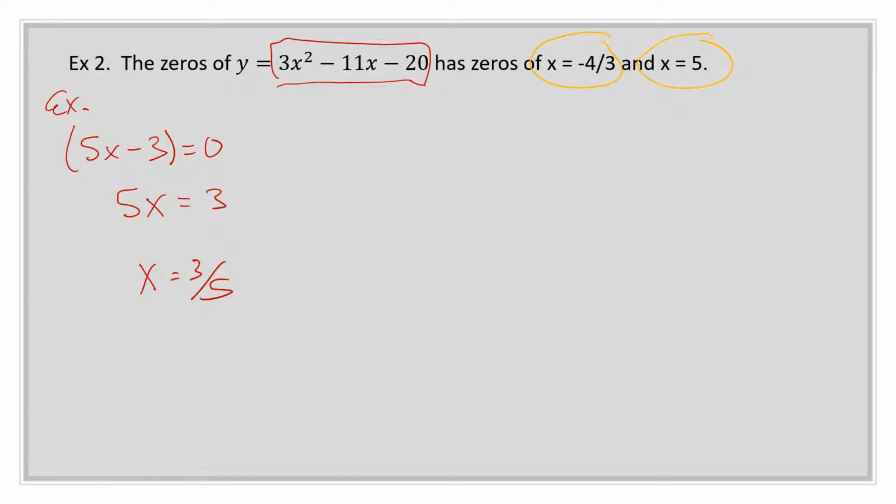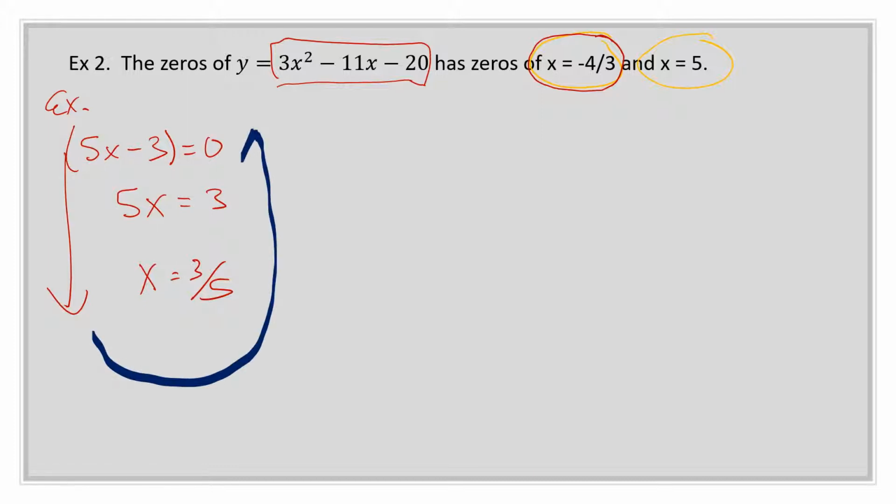We have not one of our solutions or zeros equaling 3/5, but we know that one of our solutions equals negative 4/3. So what we need to do is work backwards. So looking at our example, now instead of going down this way, I'm going to go kind of backward design.